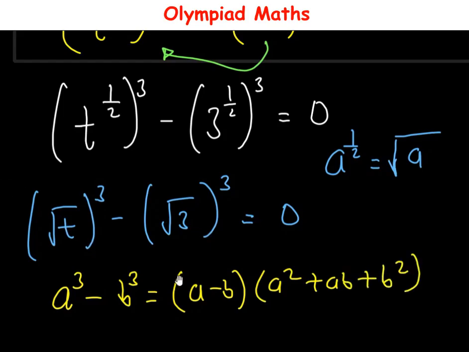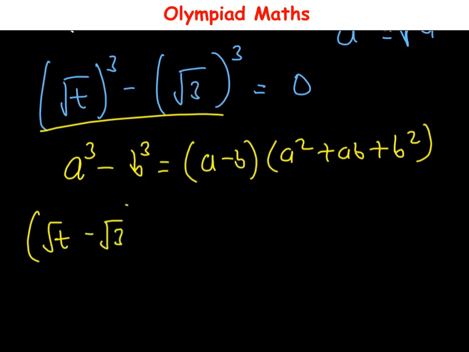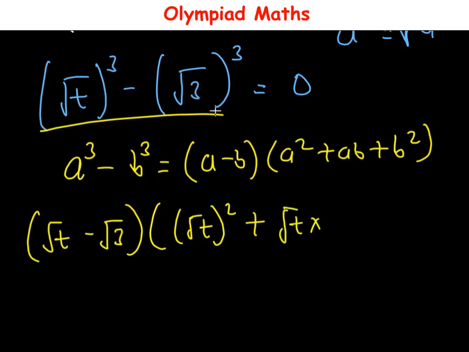So right here, expanding this becomes, in bracket, a is root t, so root t minus b is root 3, multiplied by a squared, a is root t, so in bracket, root t all squared, plus a is root t, so root t times b is root 3, plus b squared, b is root 3, so root 3 all squared, is all equal to 0.